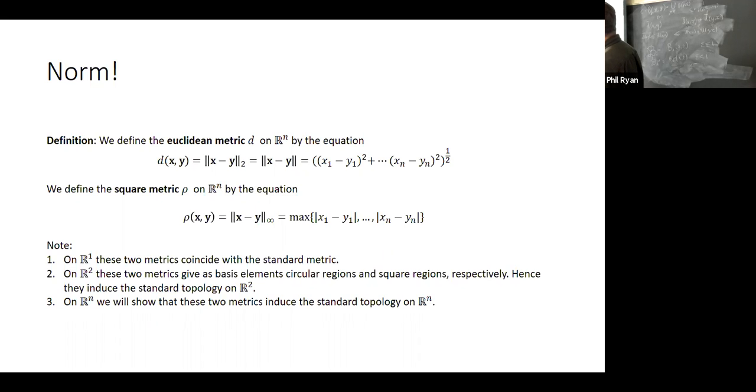And actually, for any number p between 1 and infinity, including infinity, you can come up with a norm.